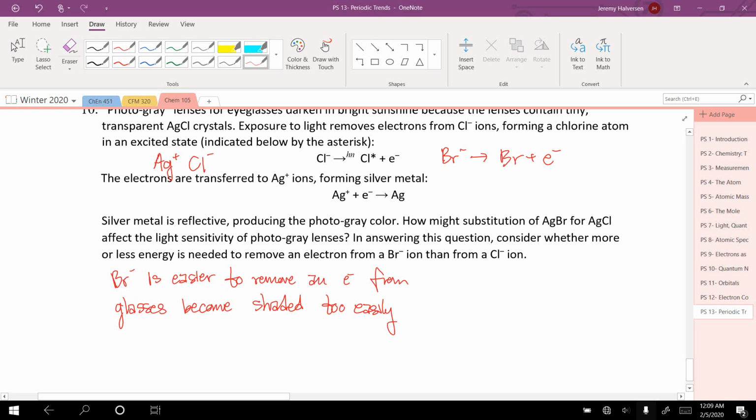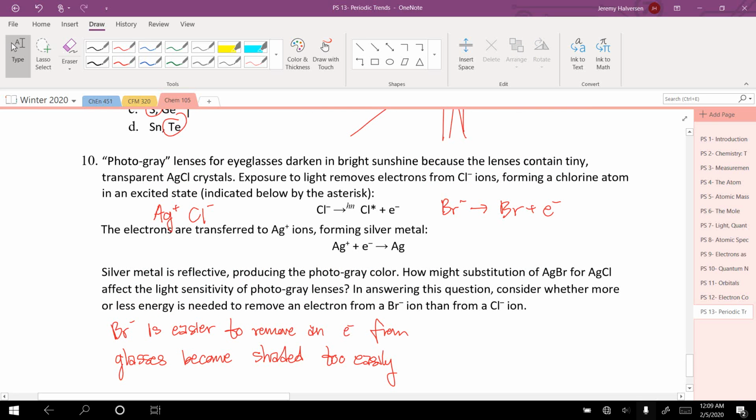You just turn on the lamp and all of a sudden you have sunglasses on, and that wouldn't be very good. So when people are making these glasses, they probably pick AgCl because it requires just enough energy that the glasses become darker at convenient times, like when you walk outside in the bright sun, but not at inconvenient times when you're just inside where you don't necessarily want sunglasses.